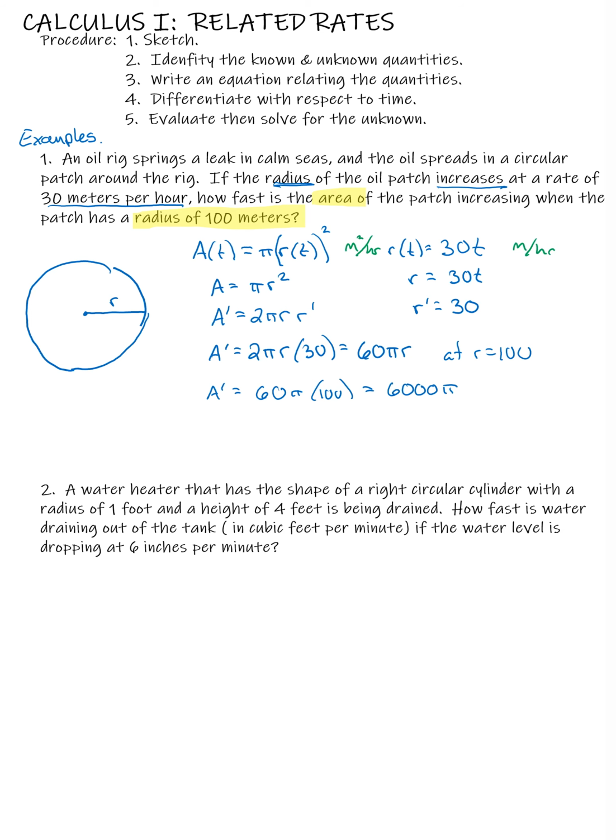Thus, the area is increasing at 6,000 pi meters squared per hour.